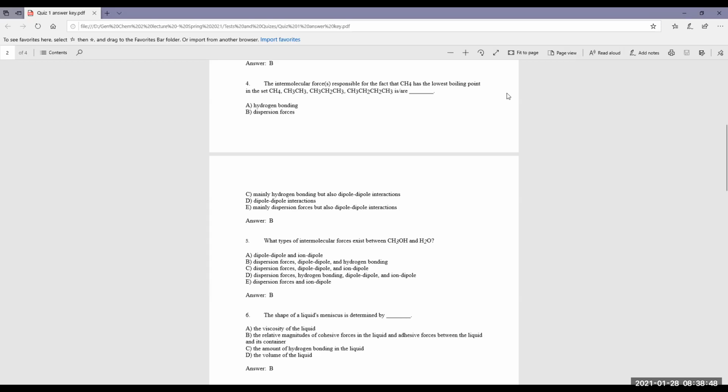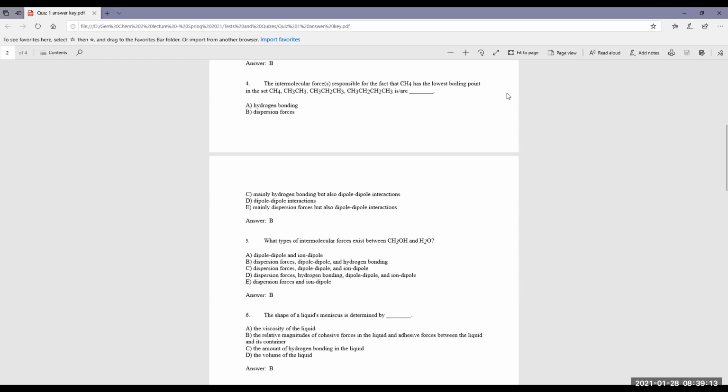And so with that, you don't have anything that is polar. These are all nonpolar molecules. Since they're nonpolar, you don't have any dipole-dipole interactions. You don't have any hydrogen bonding interactions. So even though there is hydrogen present, it's not hydrogen bonding as we define it. So that leaves just the dispersion forces.